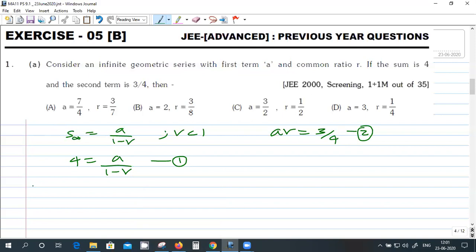You can divide one by the other. r is equal to 3 by 4a. And you just substitute, and then from that you can find r.